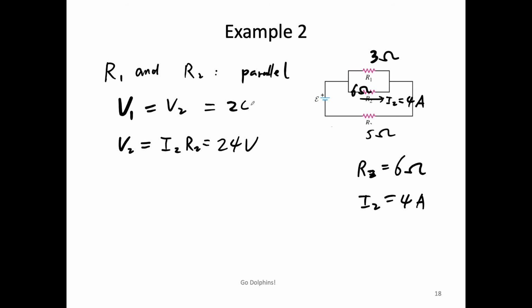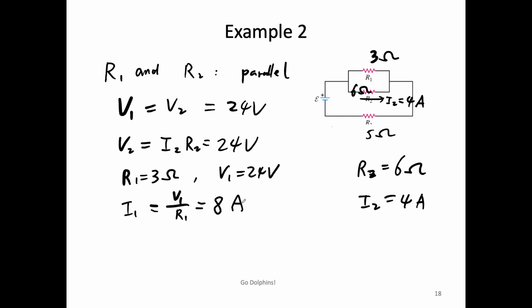So V1 is 24 volts as well. And I know R1 equals 3. V1 is 24. What is I1? I1 is V1 over R1, 8 amperes.